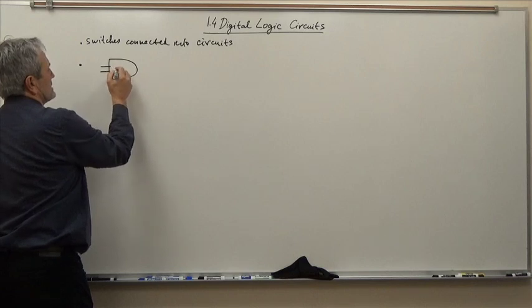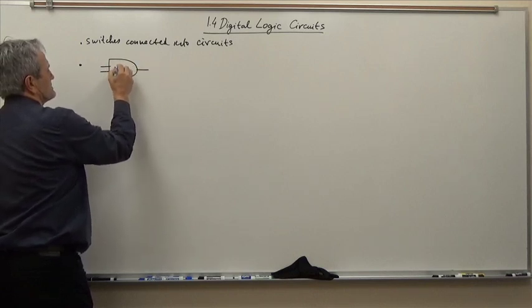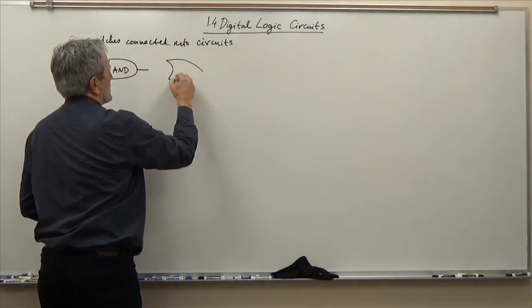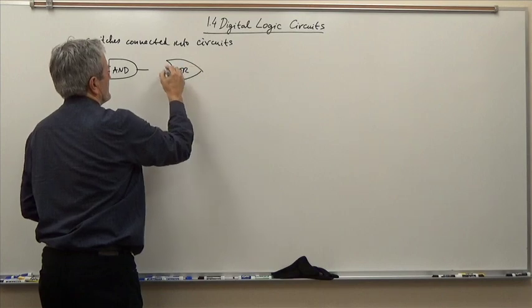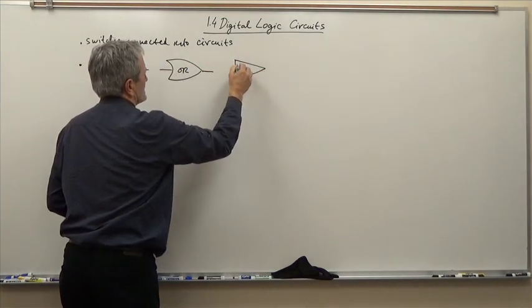Here is the AND one. This is the one that we call AND. This is the one that we call OR. And here is the one that we call NOT.